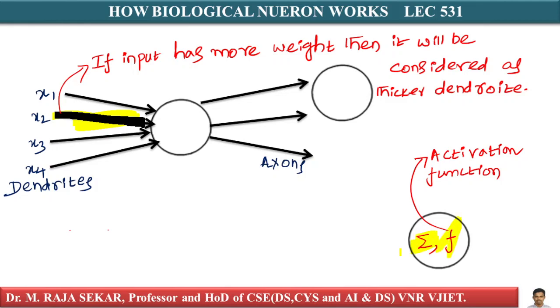Let's assume x1 is a dendrite; x2, x3, x4 are for sending signals. You can send signals through these dendrites to this particular neuron. Since some signals matter more, there is a weight associated with every dendrite.